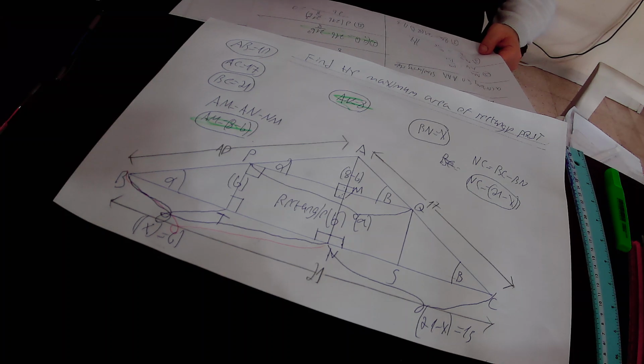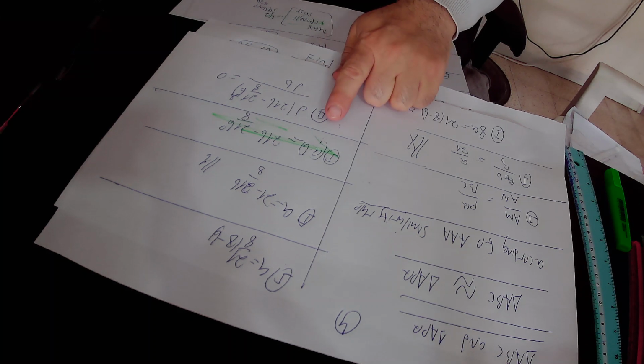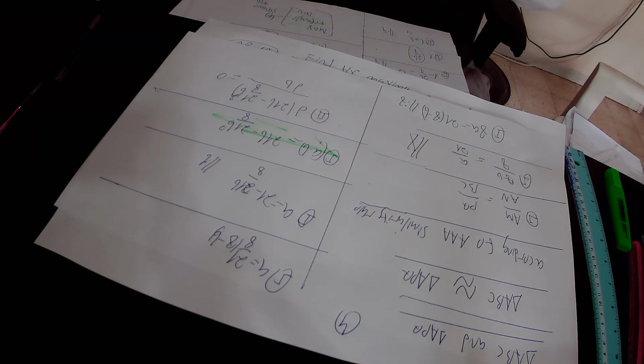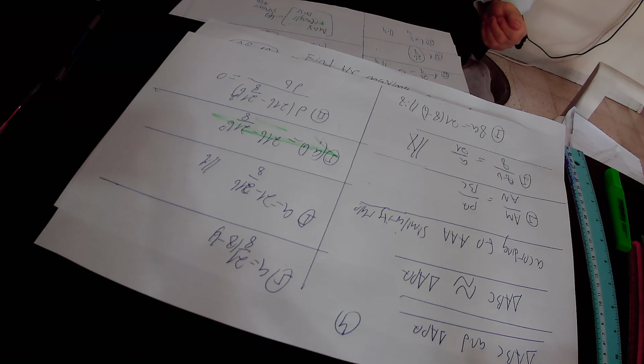In order to find it, we have to differentiate this function area and equate its derivative to 0. By doing this, we'll find the extreme point of this function, and then we have to verify that it is indeed a maximum and not a minimum.